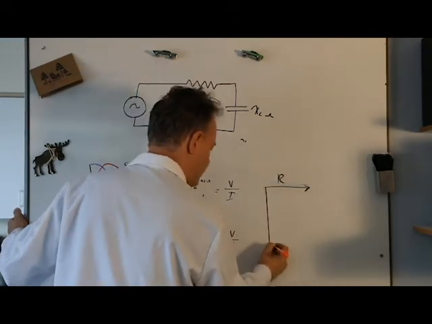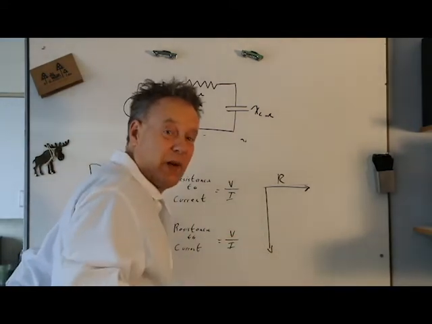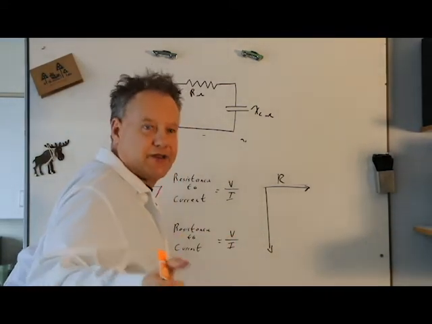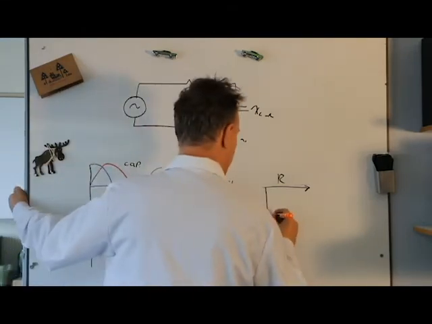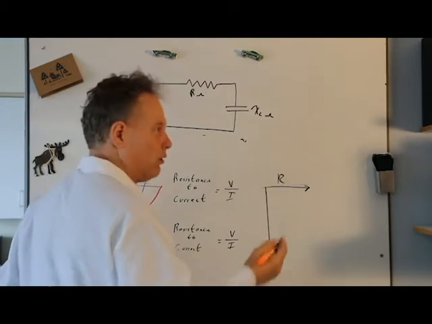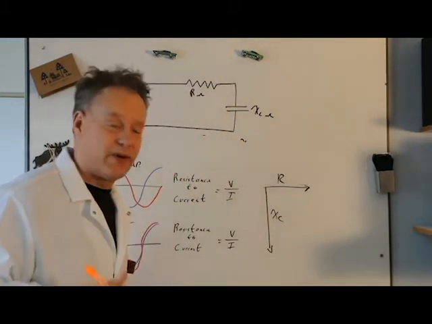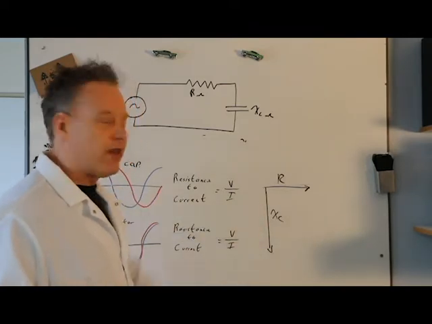We know the voltage drop across the capacitor looks like that, so the resistance of the capacitor is also like this. Now what do we call that again? XC. No, XL, yes, XC. XL we'll study next week. Okay, so we know that's what's going on.